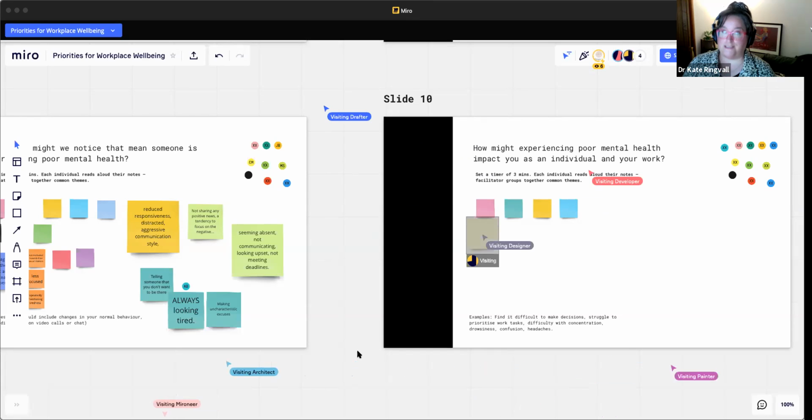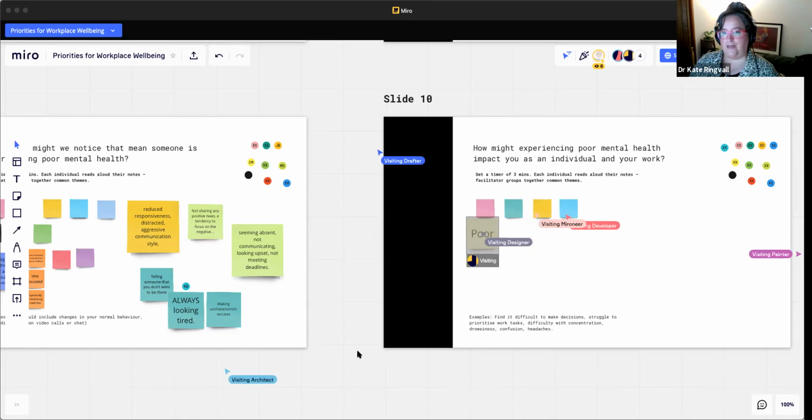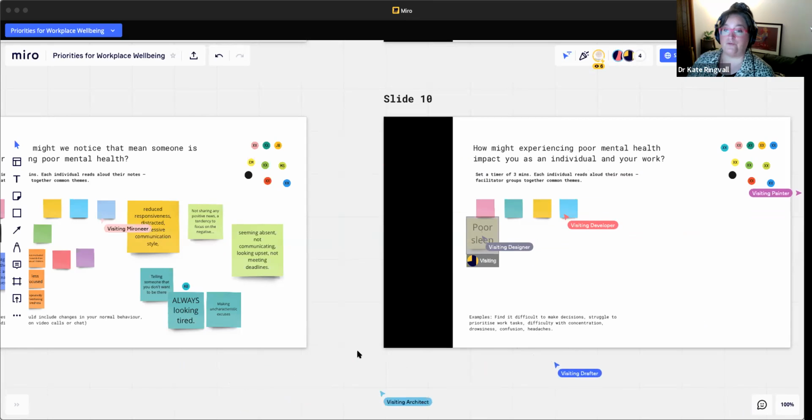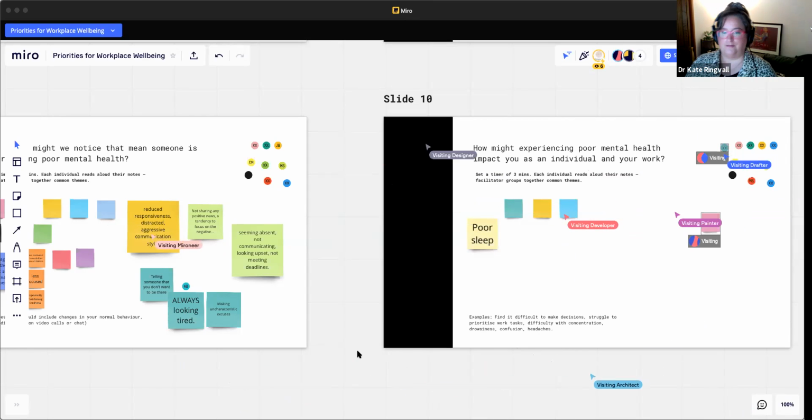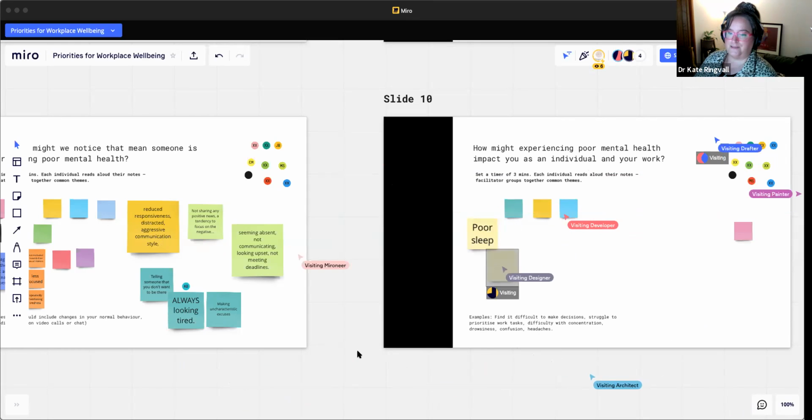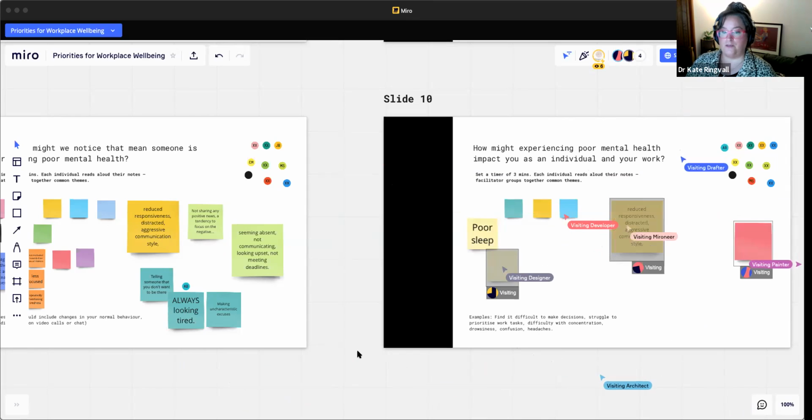So, Kate, how about we give ourselves 2 minutes here? How might experiencing poor mental health impact you as an individual at work? Some examples are, you might find it difficult to make decisions. You might struggle to prioritise work tasks, difficulty with concentration, drowsiness, confusion, headaches.